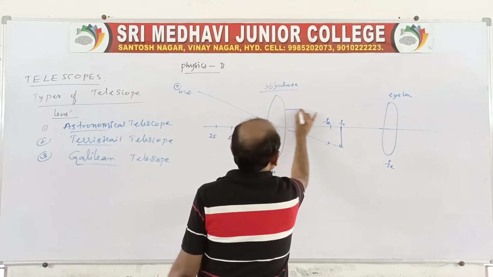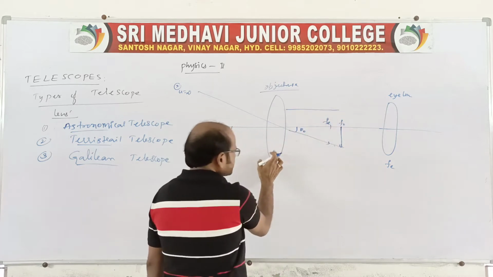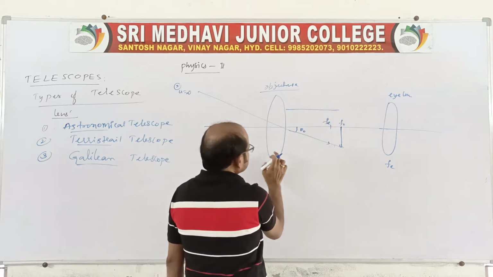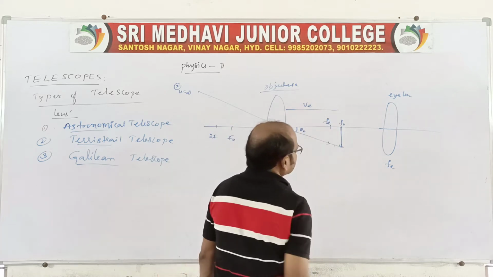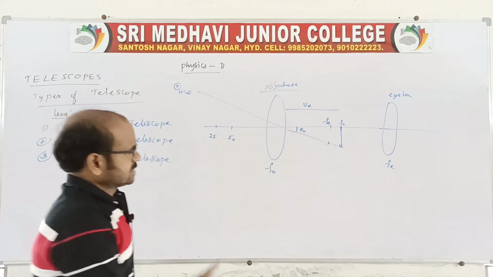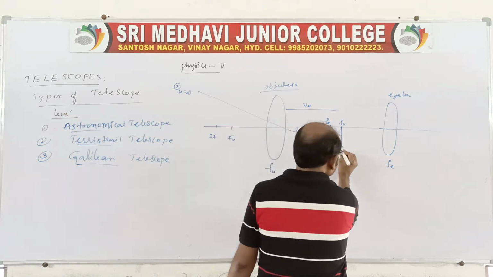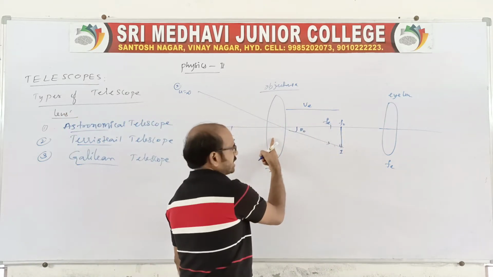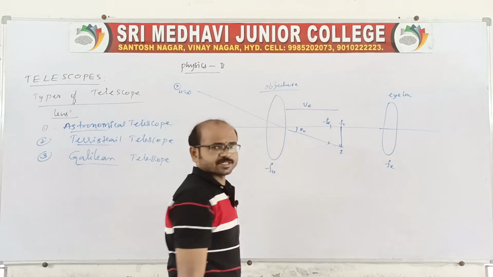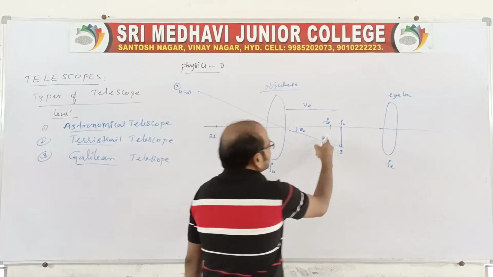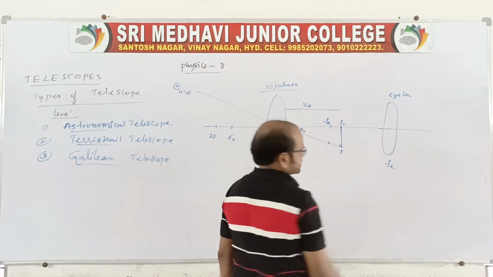You remember, this is the image position, the image formed by the objective lens, at the focus point of the objective lens, or after the focus point of the eye lens.